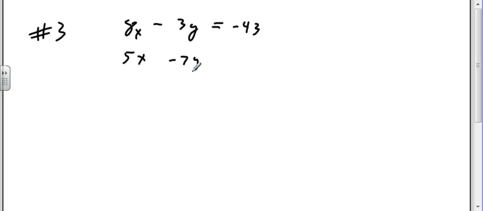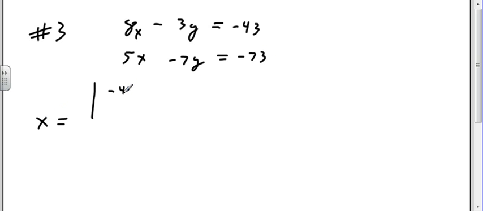All right, we're looking at number 3. 8x minus 3y is equal to minus 43, 5x minus 7y is minus 73. You gotta be kidding me. All right, so x is going to be on the top.